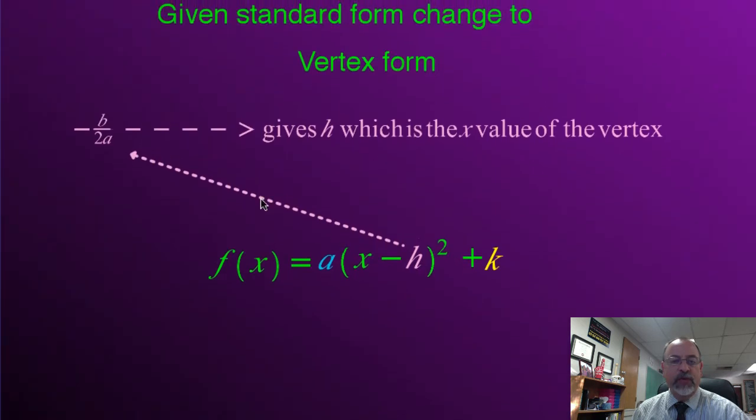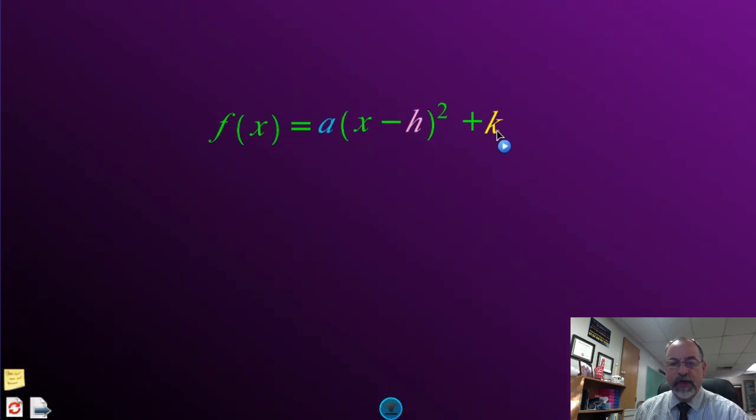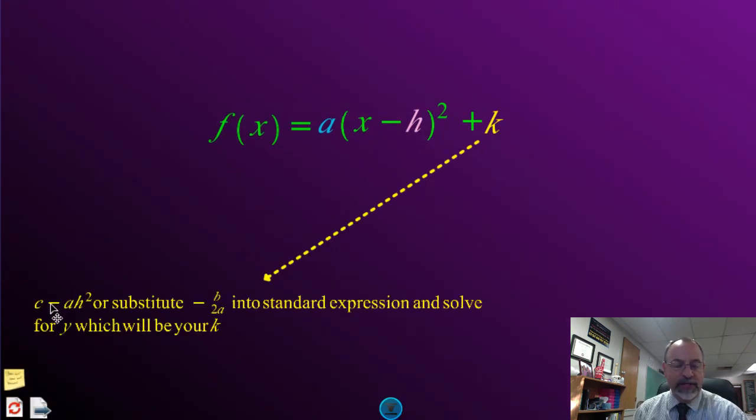The h value we get from calculating the opposite of b over 2a. So again, from standard form, we take the b value and the a value and substitute them in. That gives us the h value, which goes into this form. And again, that also corresponds to the x value of the vertex. The k we can calculate by doing c minus a h squared, again with the c and the a coming from the standard form.